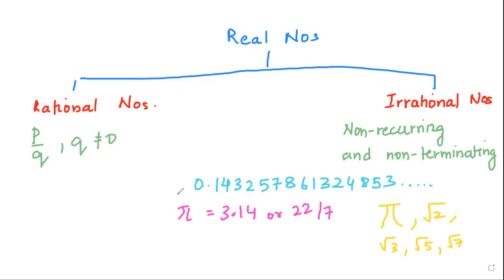But actually this is just an approximate value of pi. Pi actually has a lot of digits; even recently, using advanced computing techniques, they were only able to find the first trillion digits. Trillion is a very, very big number, which means they are estimating a lot more digits after that.